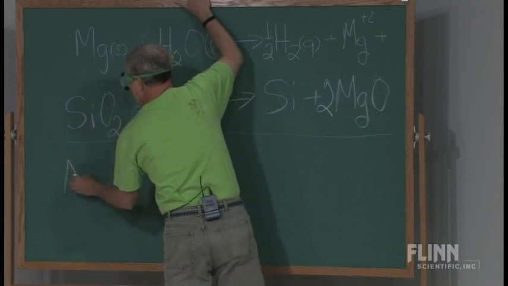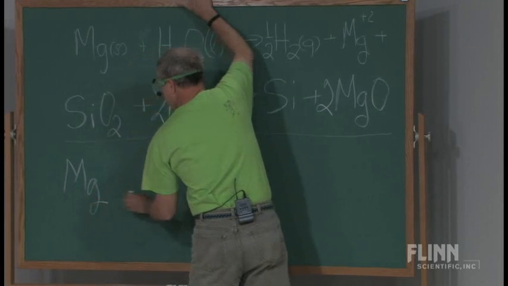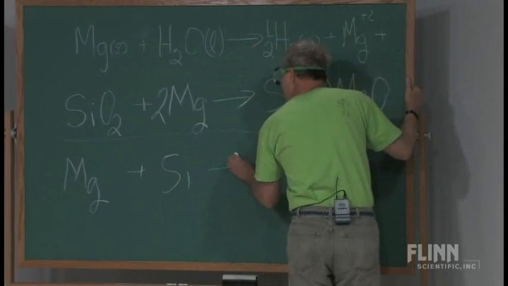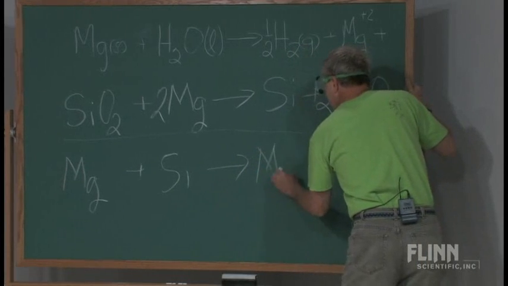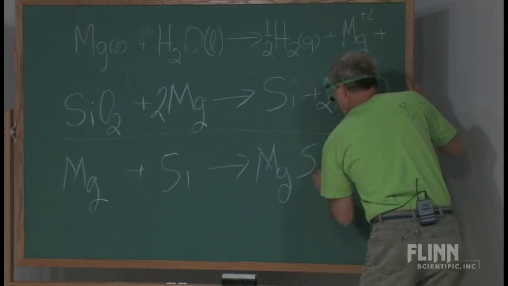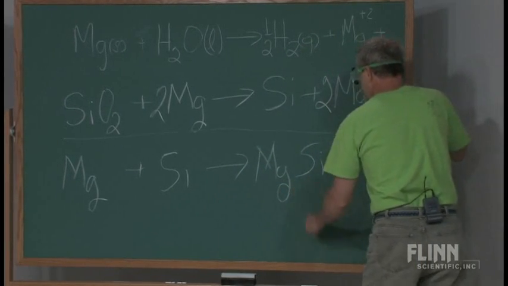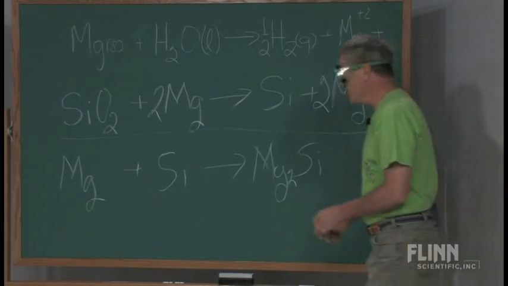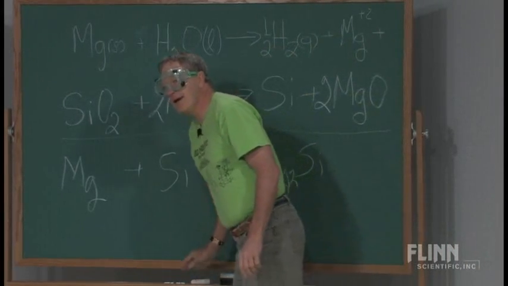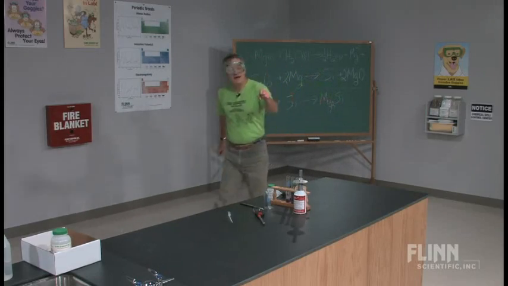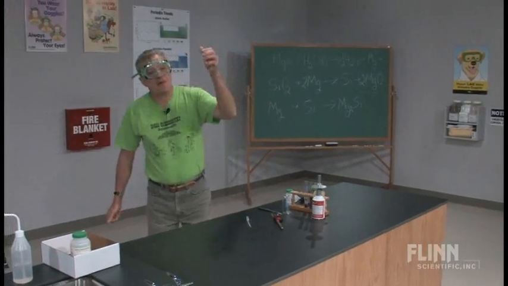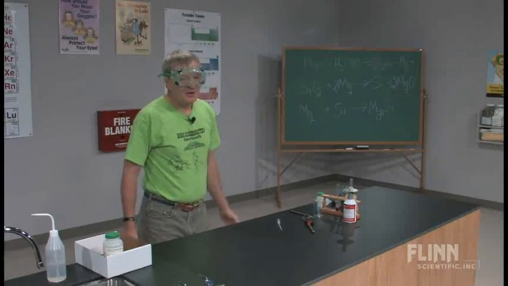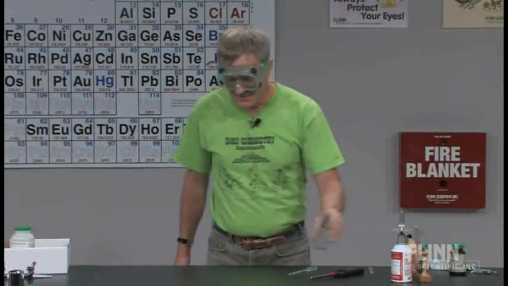And so I get magnesium plus silicon, and it makes a compound called magnesium silicide, which is Mg2Si. And so in here, I've got silicon, I've got magnesium oxide, and I've got a little magnesium silicide.